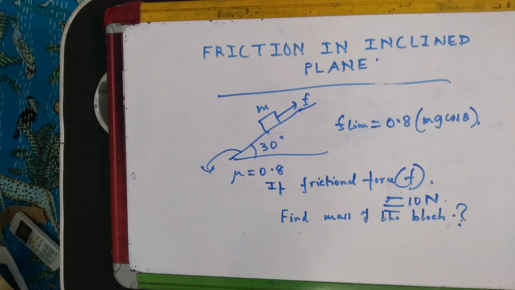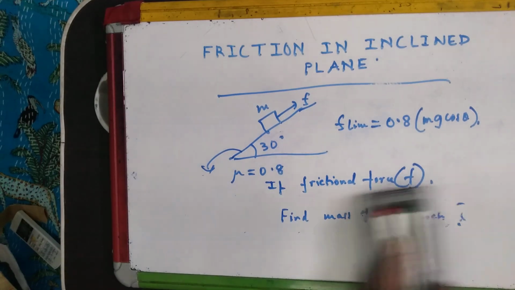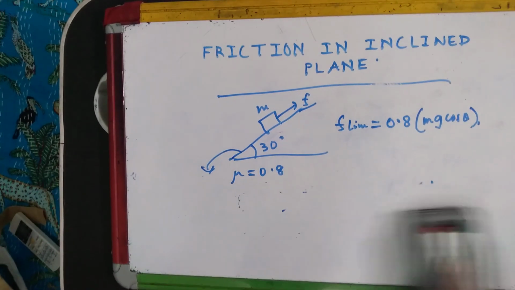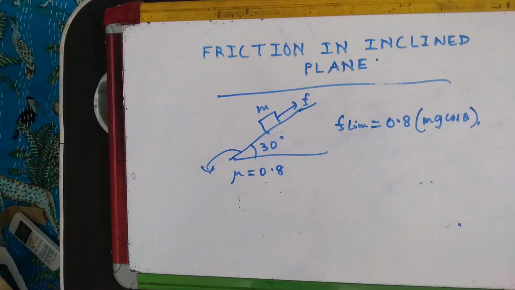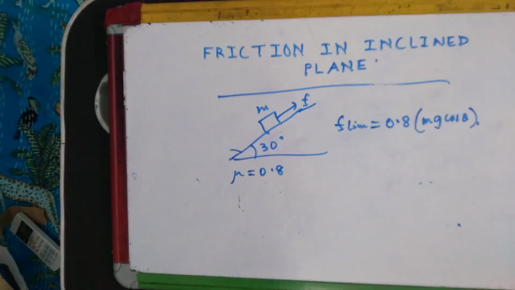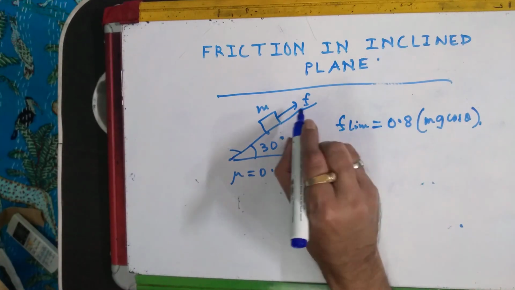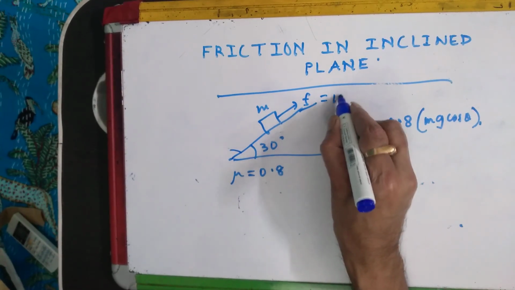The body is at rest, fine. We have been asked to find the mass of the block. So simple, just don't use mu straight away. The friction force is equal to 10 Newton upward along the plane.